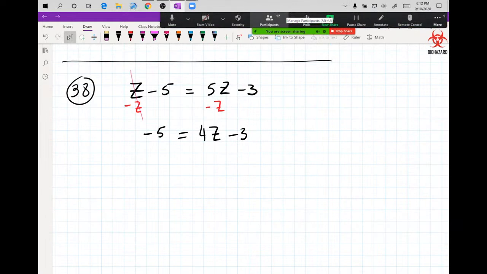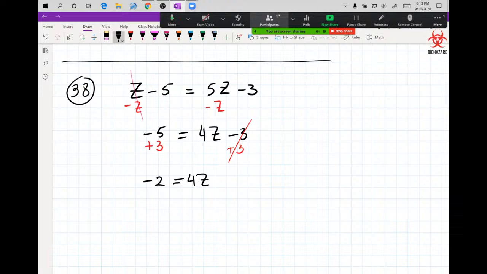All right. So now we have -5 equals 4z minus 3. And what am I supposed to do now? Perfect. So we get rid of that number. We are digging in to get z alone. How much is -5 plus 3? -2, correct. That's going to be 4z.